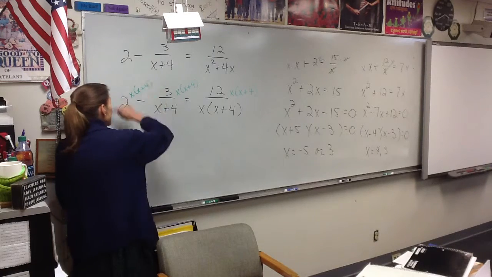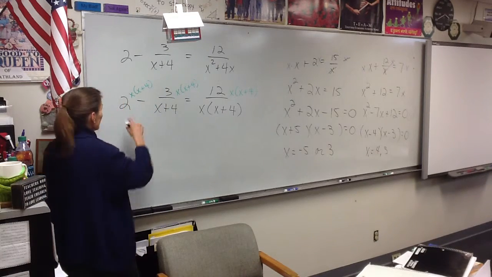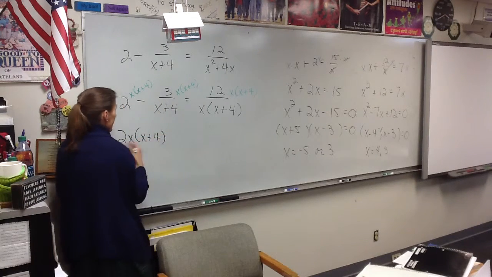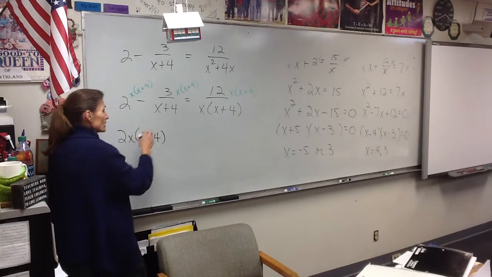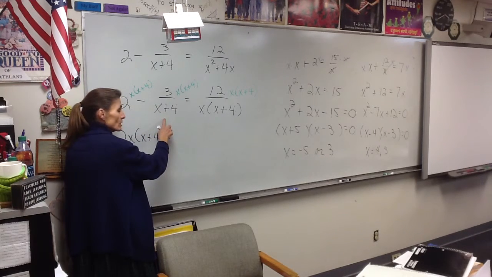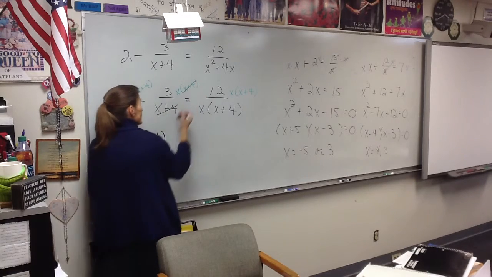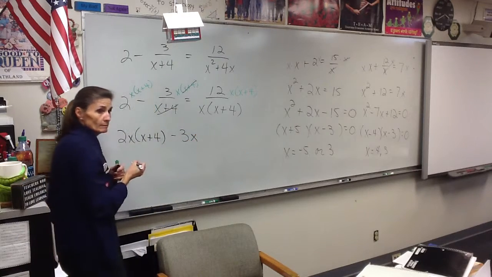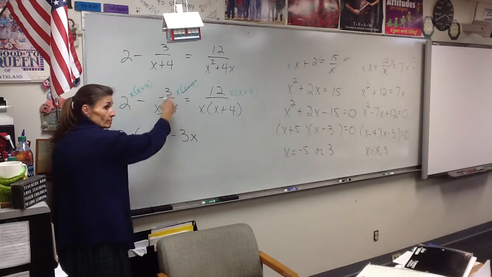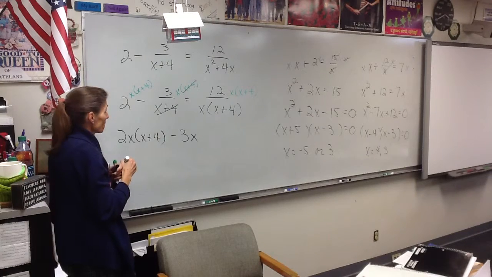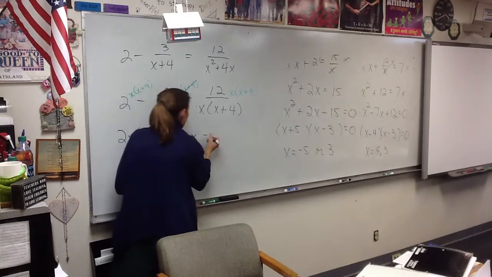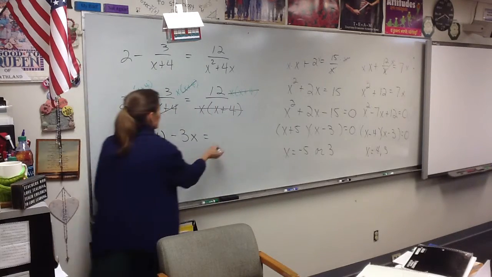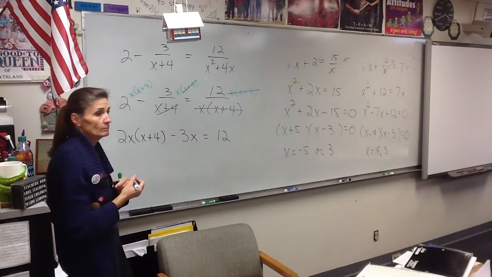Does anything cancel here in the beginning? No. So it's 2x, x plus 4. I'm going to have to deal with that. But look at this next term. Does anything cancel here? x plus 4 cancels out, leaving me with minus 3x. And what happens over here? It all cancels out and leaves me with just 12.